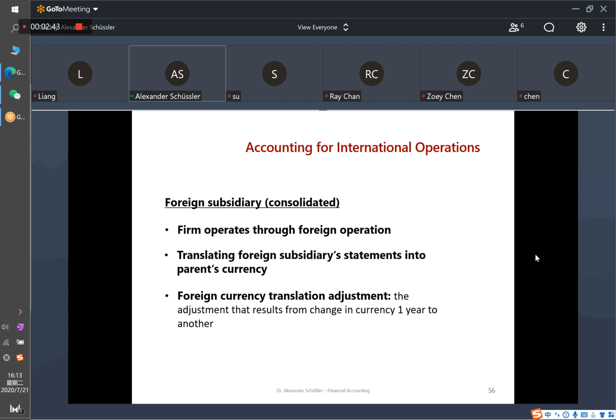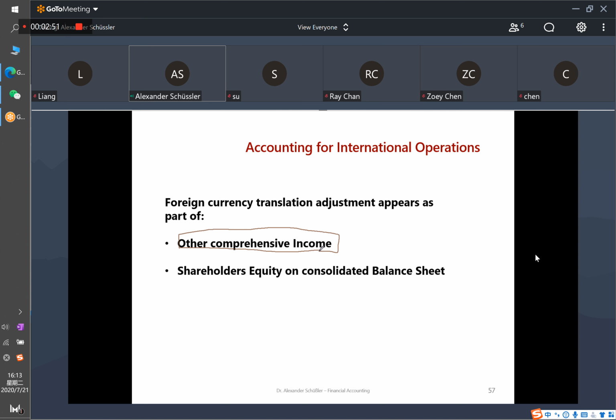It does not influence earnings per share, but instead it influences only other comprehensive income. So this is the difference between foreign currency translation adjustments, which have to do with subsidiary translations when you have a foreign subsidiary, and transaction gains.